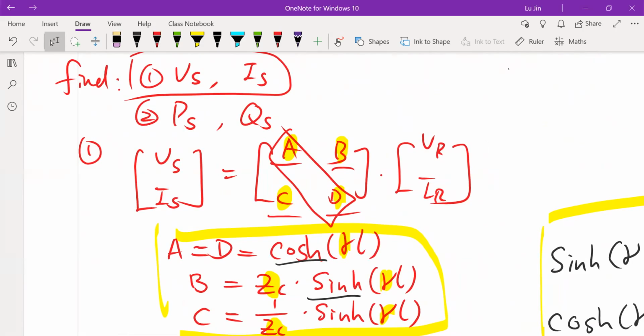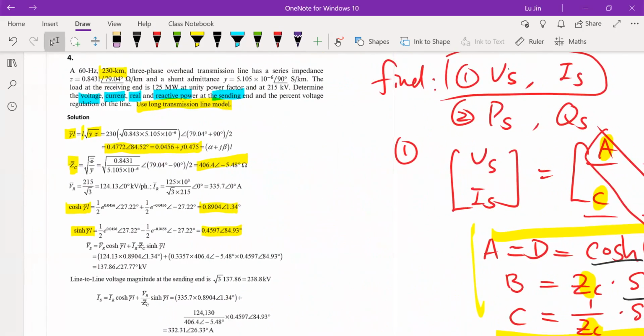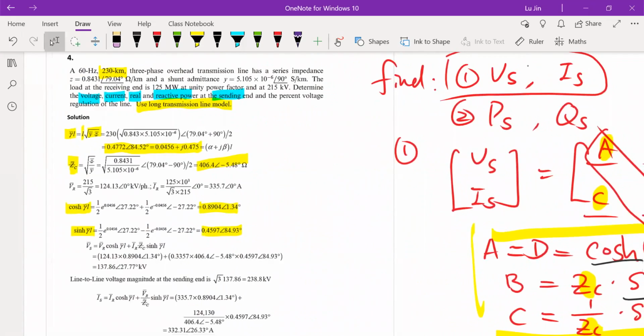Okay, and the question is, what will be the VR and IR, or how to determine that? Let's go back to our condition. So now let's have a look at the voltage first. In other words, I want to determine the VR first. Based on the condition given in the question, at the receiving end, the real power is 125 megawatts, at a unity power factor and at 215 kilovolts.